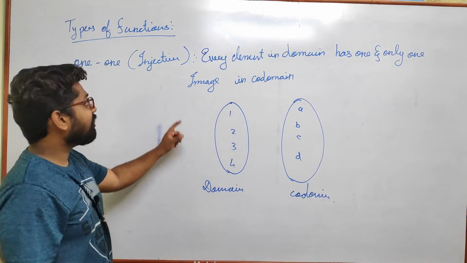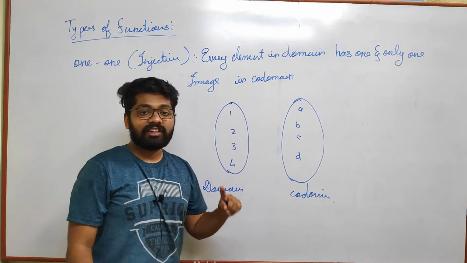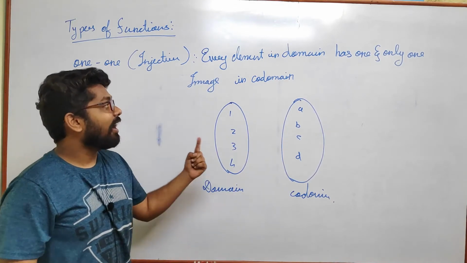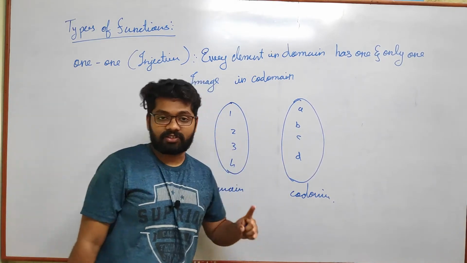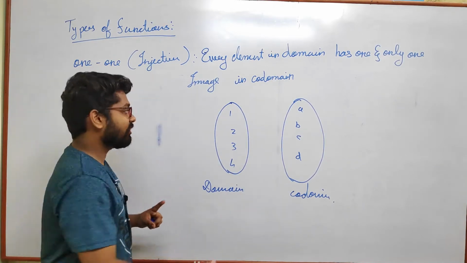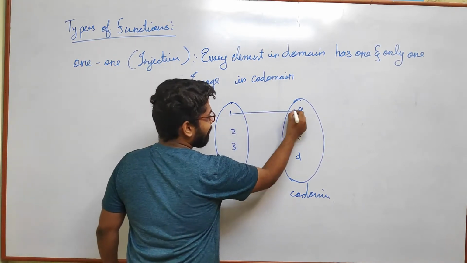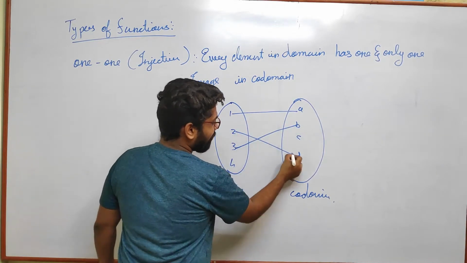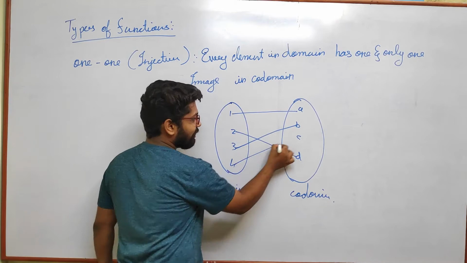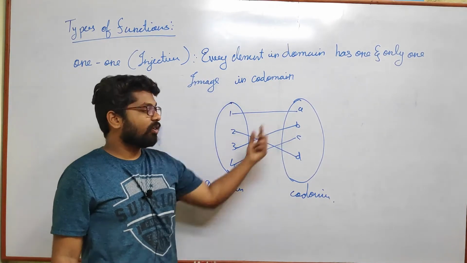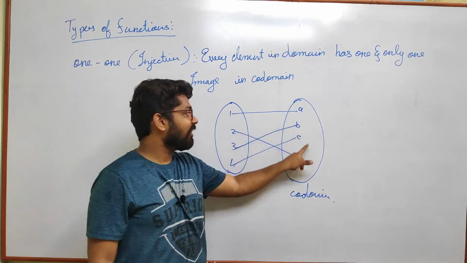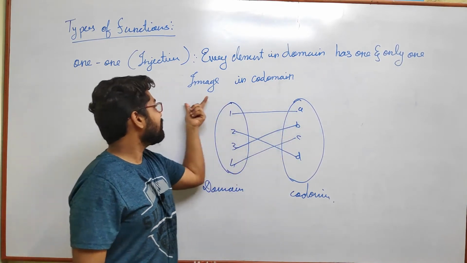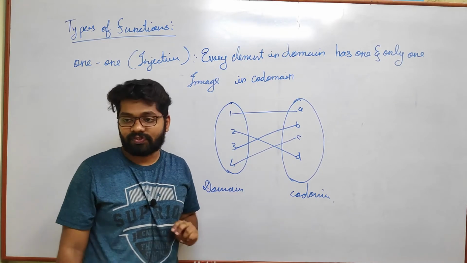Every element in the domain should have one and only one image. So 1 has the image 2, 3 has the image b, 2 has the image d, and 4 has the image c. Every element in the domain is mapped with only one thing. So this is known as a one-one function.